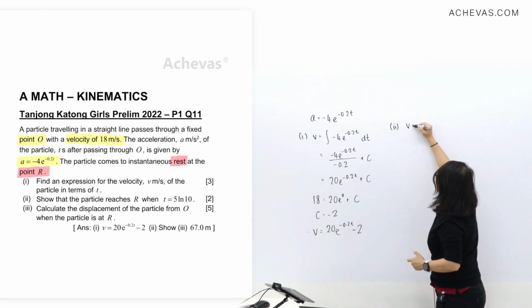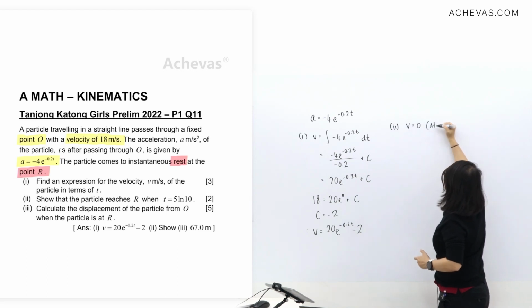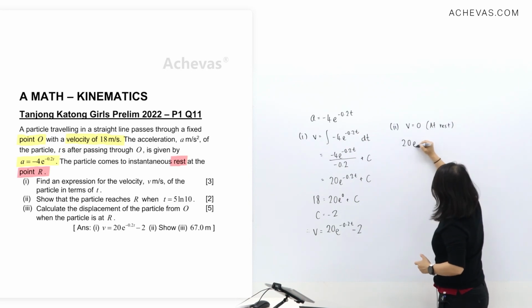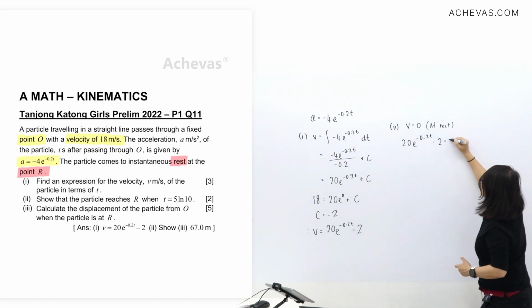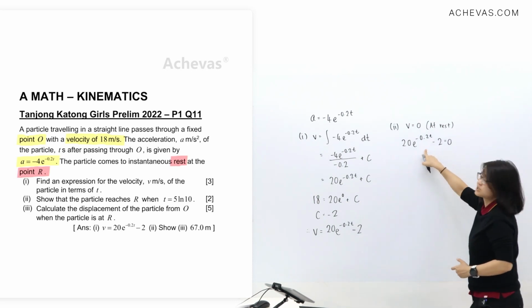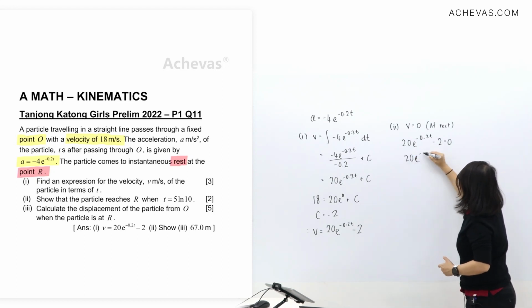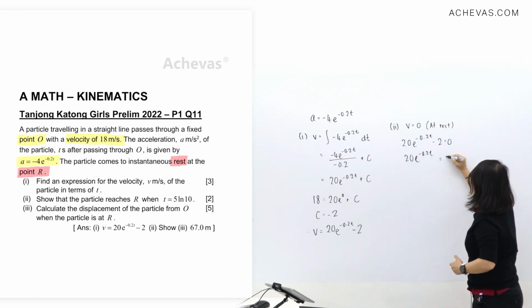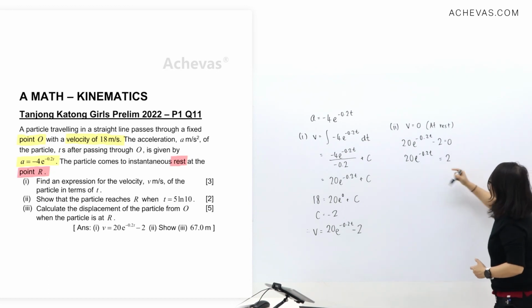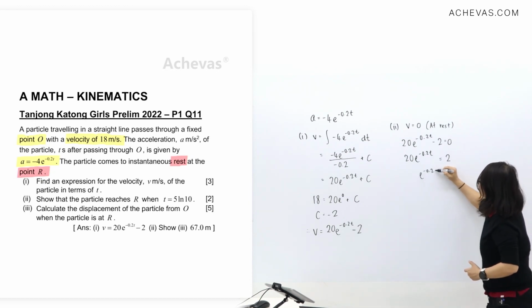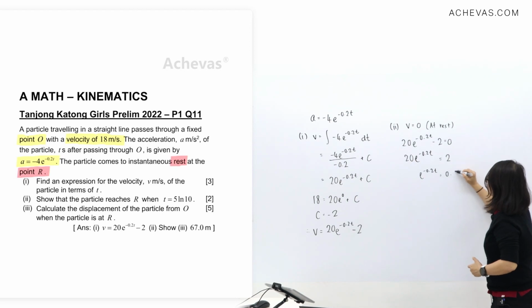When I do velocity equal to 0, when the particle is at rest, let me put 20e power -0.2 t minus 2 equals to 0. Let's solve the exponential equation. I'm going to move 2 first, so I have equal to 2. Then I move 20. So 2 divided by 20 will give me 0.1.